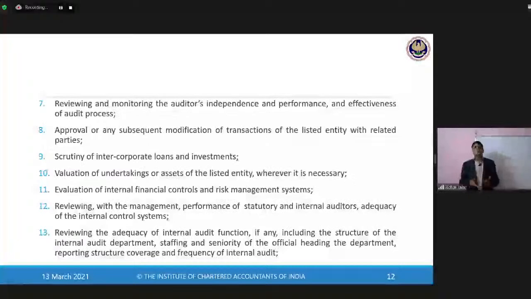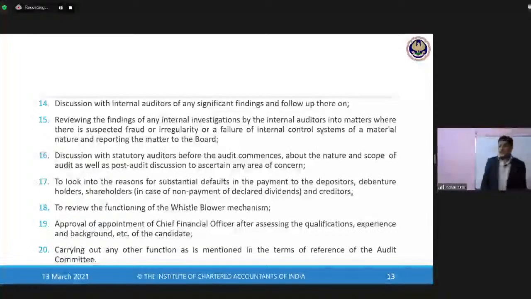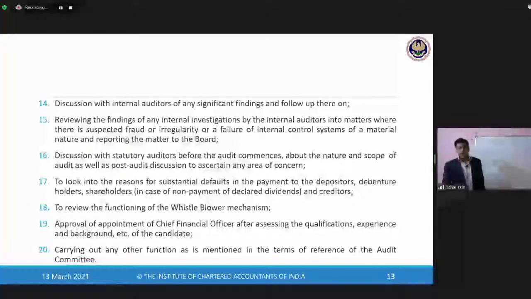Somebody needs to assess the performance of these auditors also. Who is that authority? This is the audit committee. Reviewing the adequacy of internal audit functions. So this is again coming down to the internal audit: discussions with the internal auditor around any of the procedures, and around any of the observations. All of these aspects related to audit are taken care of by the audit committee.